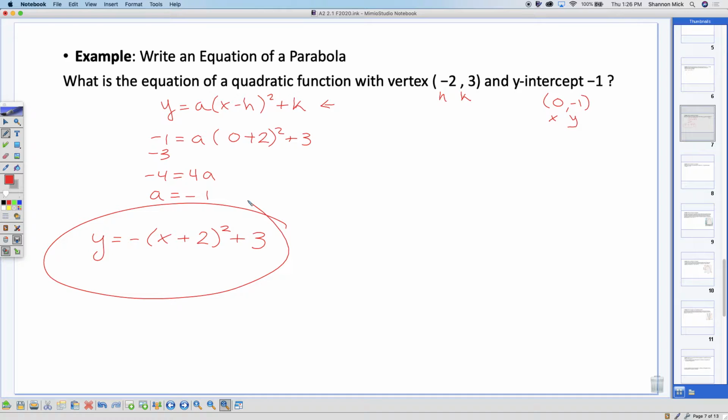Wasn't very difficult, correct? No, it was not. Can we also describe it, just for practice? The description would be it opens down, right? Yep. The vertex goes from (0, 0) to (-2, 3). Axis of symmetry: x equals -2.